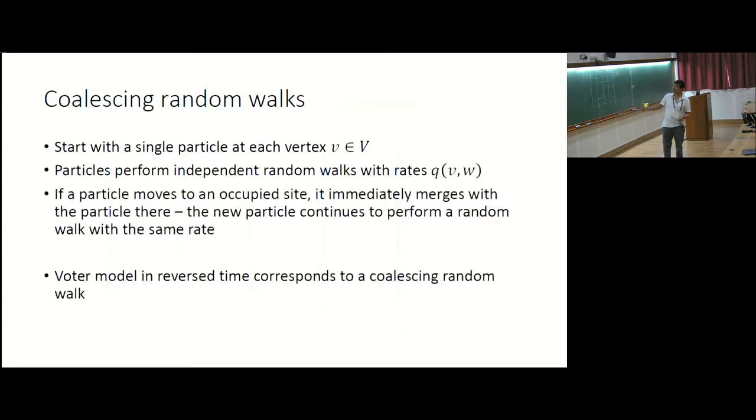Okay, I think that's what I just did in pictures. So you have all these particles performing independent random walks in continuous time according to this rate matrix Q, or in discrete time according to a probability matrix P, and then they merge if they move to an occupied site.